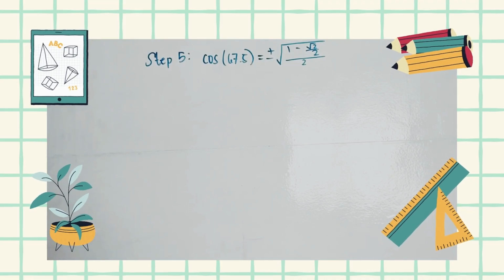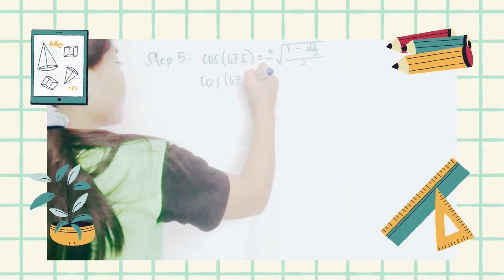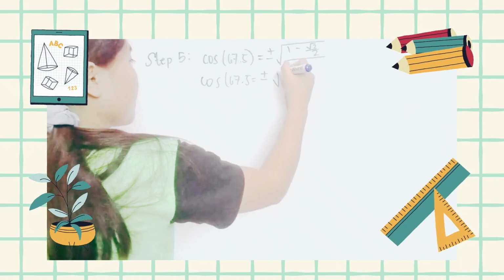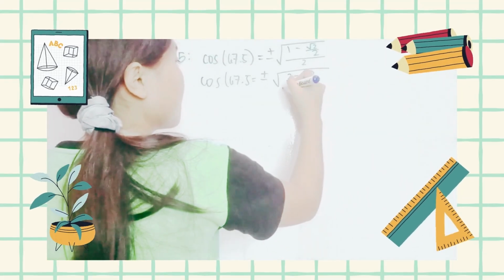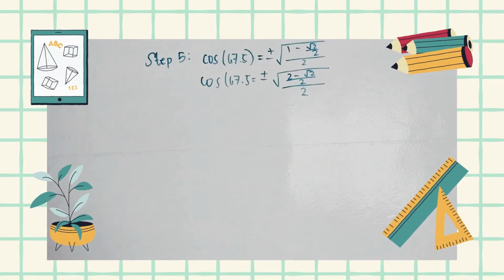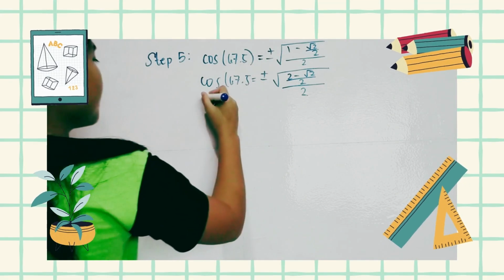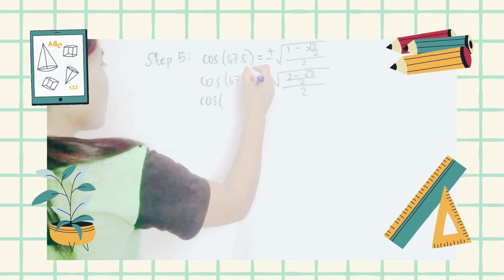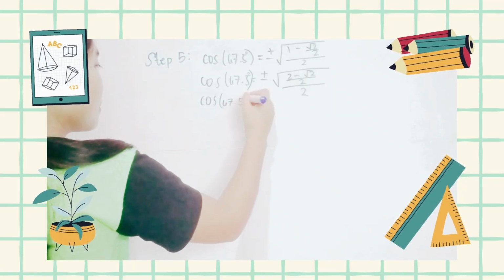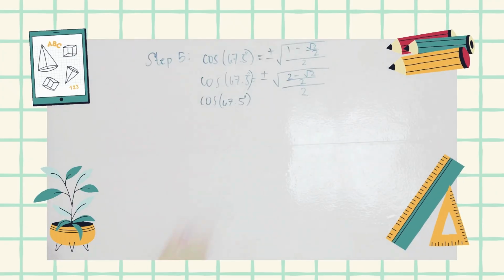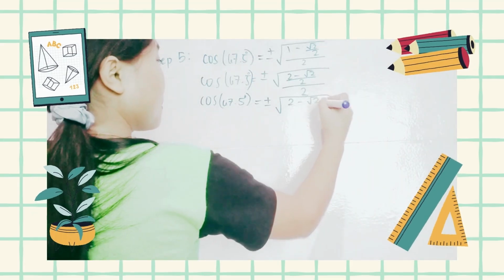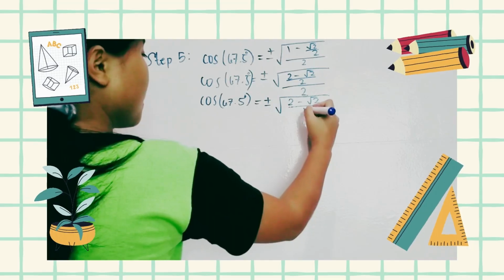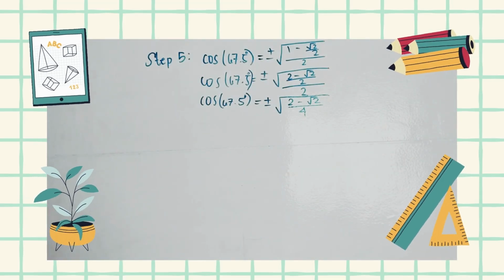So we have here, now simplify the full fraction. Now, take the square root of the numerator and denominator separately.